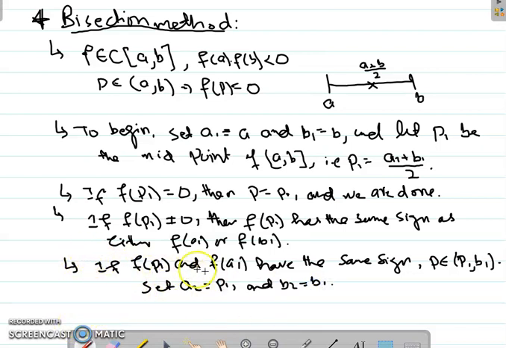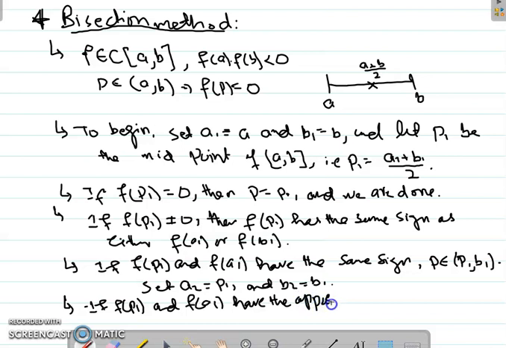And if this is not the case, if f of p1 and f of a1 have opposite signs, then it means that p belongs to the interval [a1, p1].